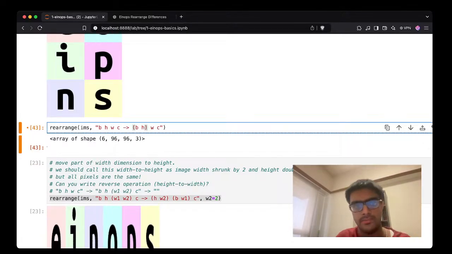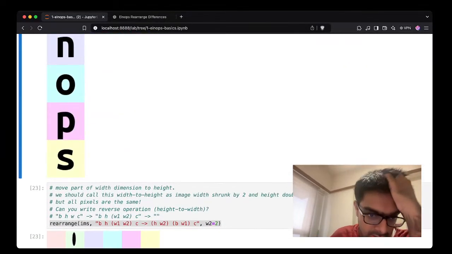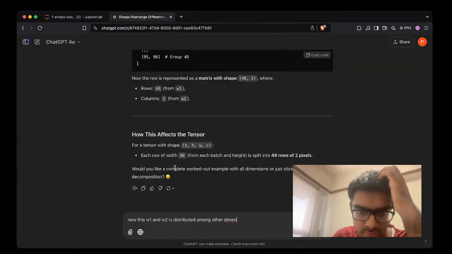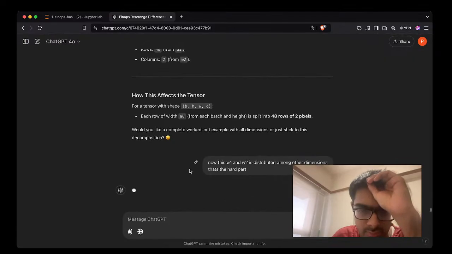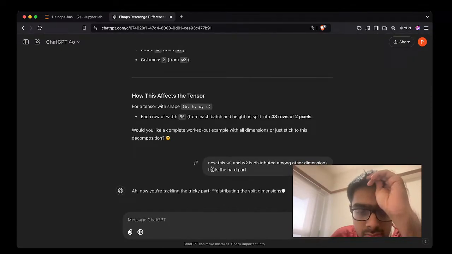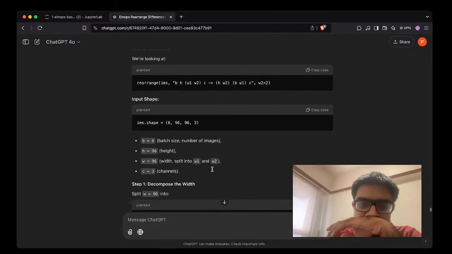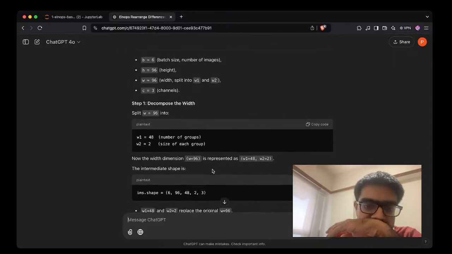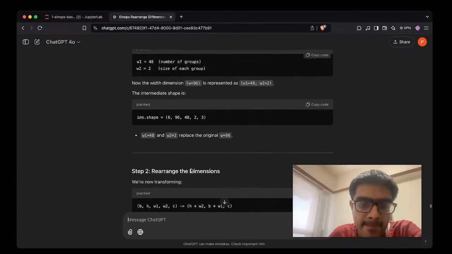This is called a column, right? The shape is this.